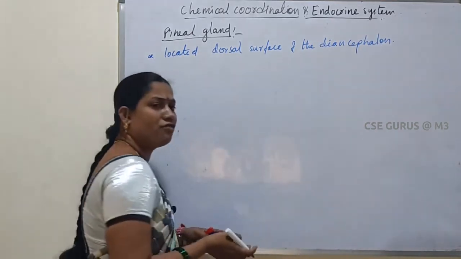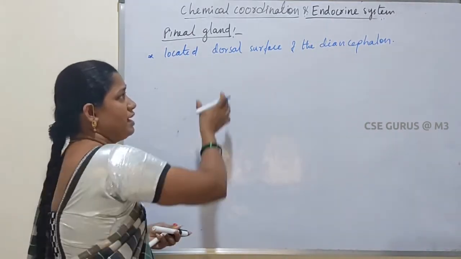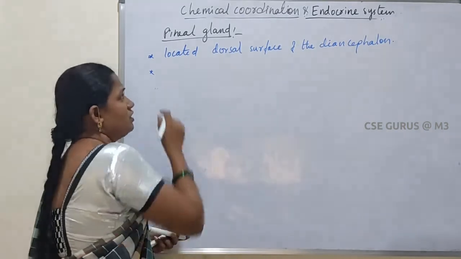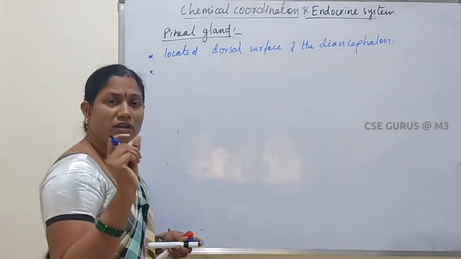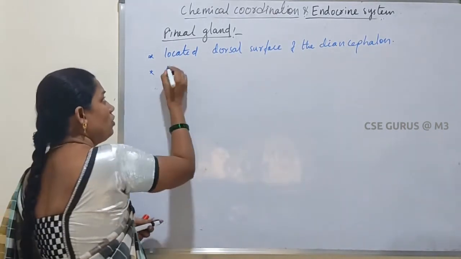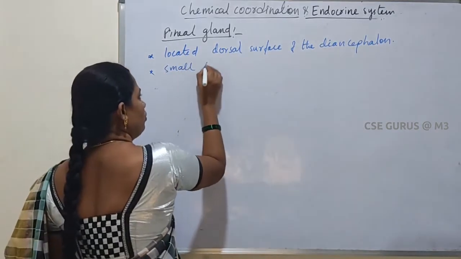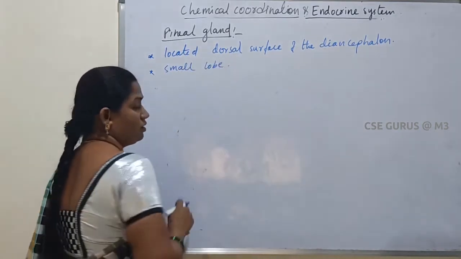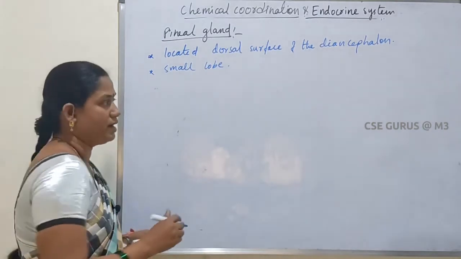Diencephalon is a region of the brain. On the dorsal surface of the diencephalon, a small rounded lobe-like structure is present. That is the pineal gland.